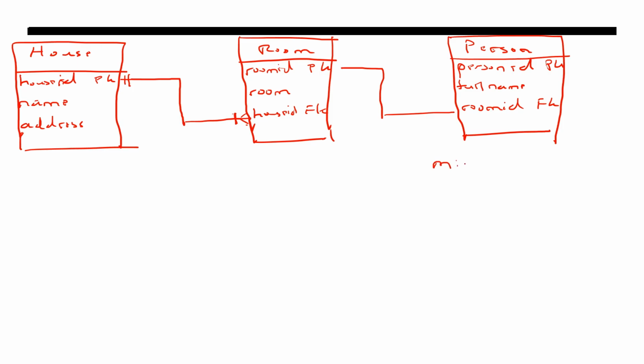What is the minimum number of persons that you have per room? And what is the maximum number of persons that you can have in a room? For example, you would say that normally the minimum number of people that you might have in the room is zero because a room may be unoccupied. But you could also have one person in a room, two persons in a room, or three, or whatever it is.